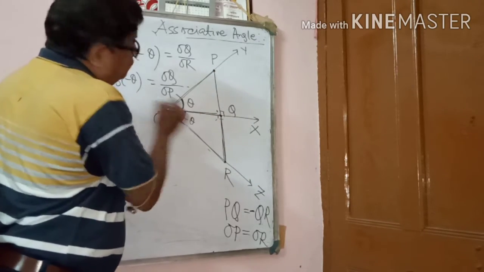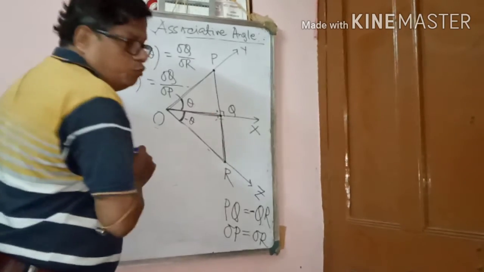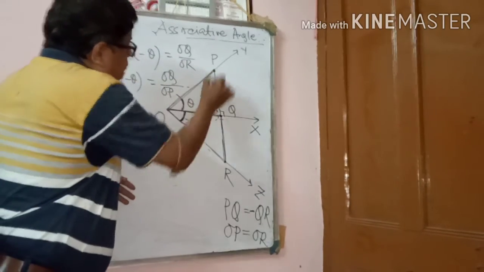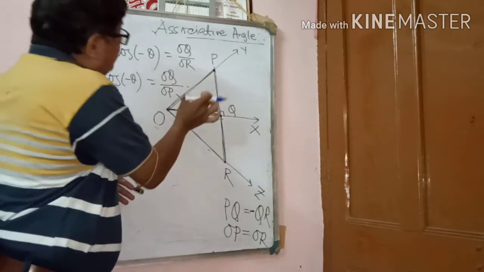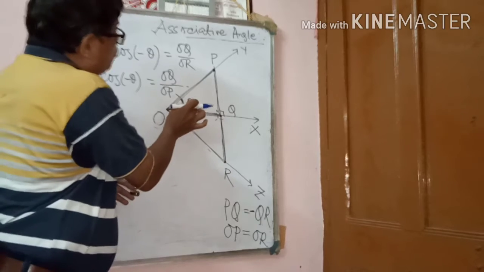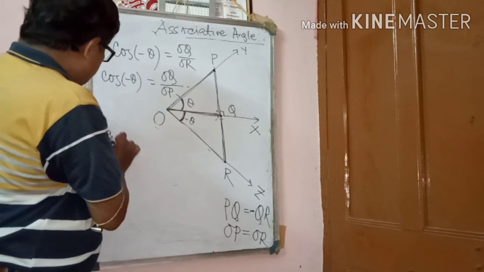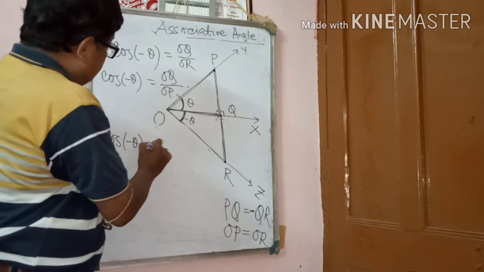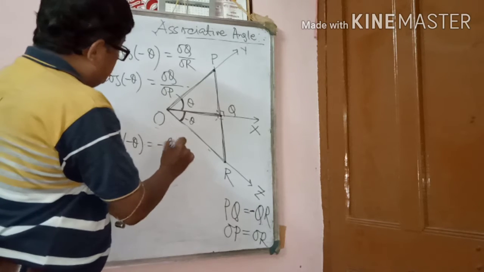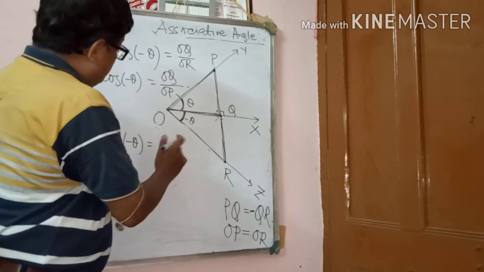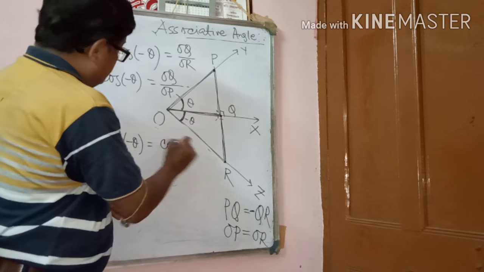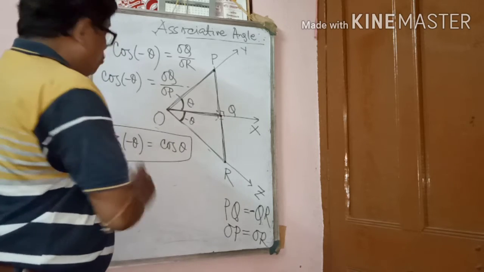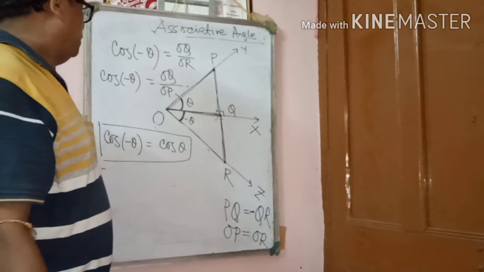OQ by OP, base by hypotenuse in this triangle, will be cos theta. So cos minus theta equals cos theta.